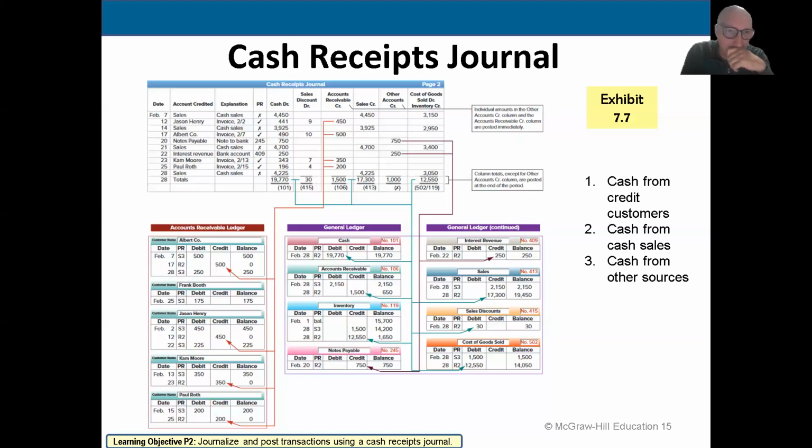Here we can see the cash receipts journal, which represents all of the cash coming into the business through our sales, through our accounts receivable.